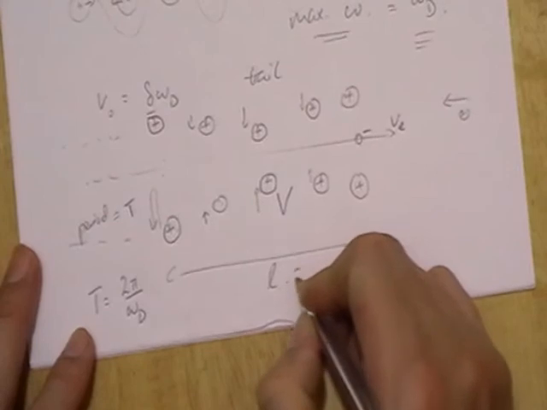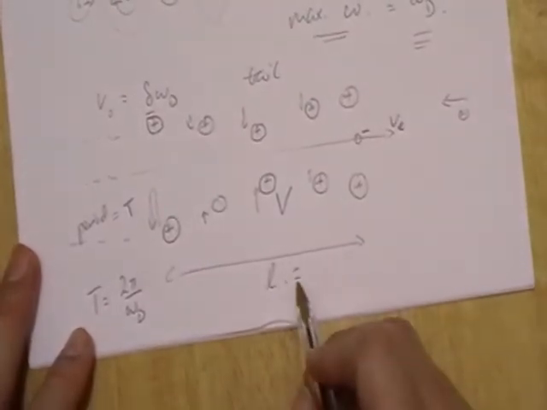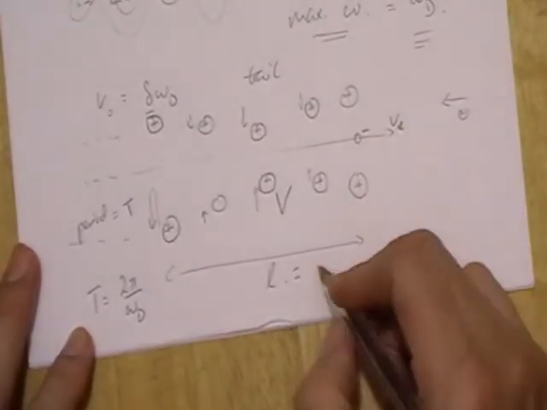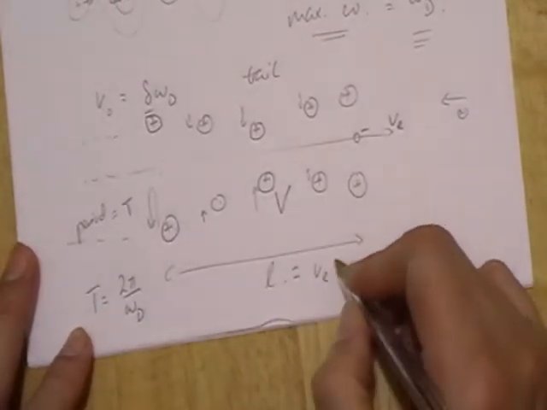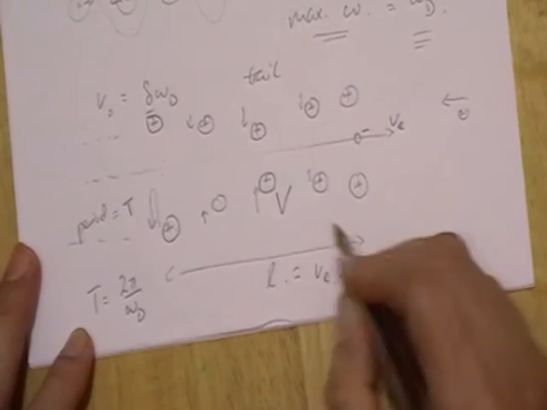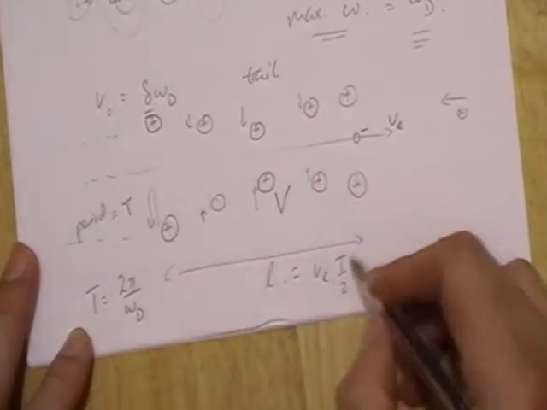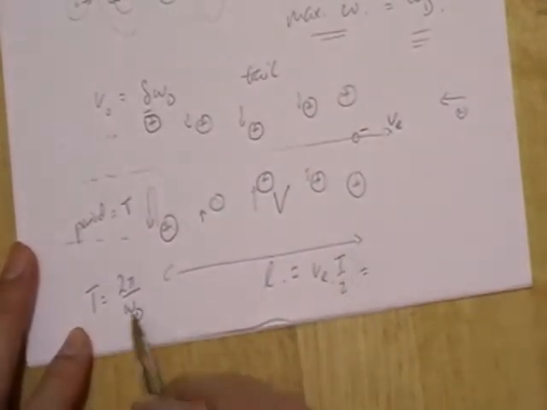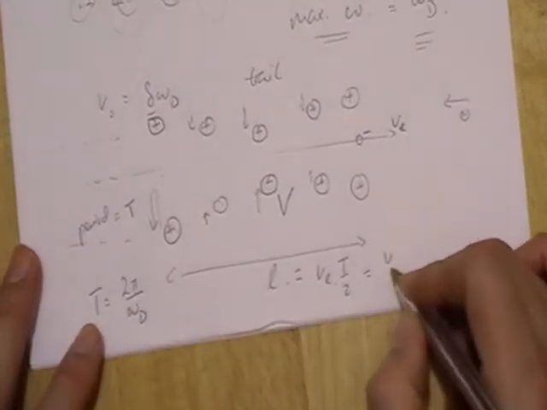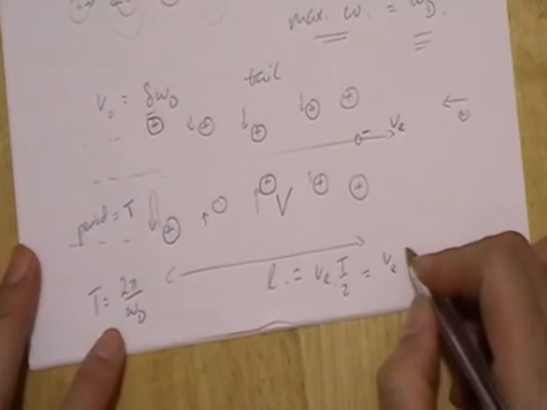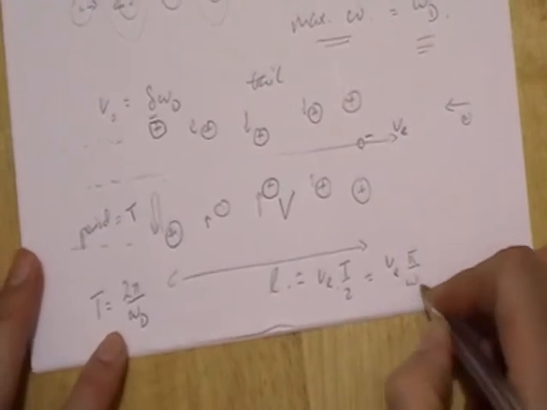L is equal to velocity times time. Velocity and time is T over 2. Alright, it's half a period. So this is equal, and T is 2 pi over omega d. So this would be V times pi over omega d.